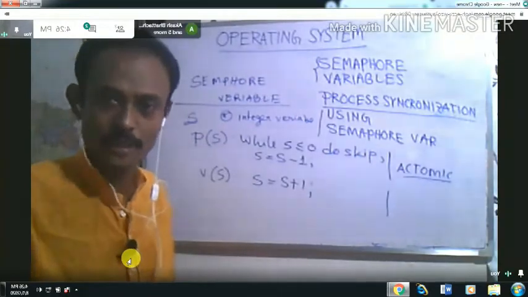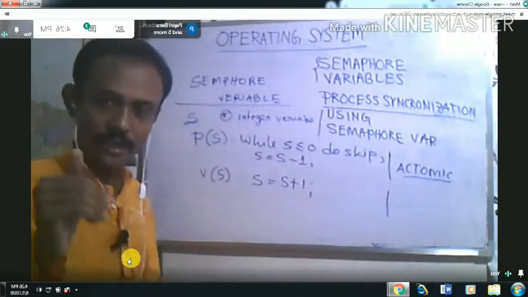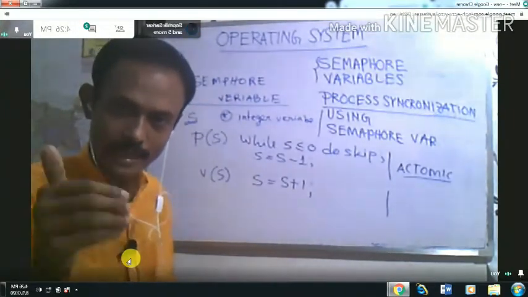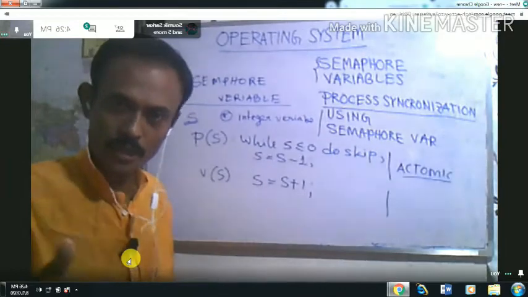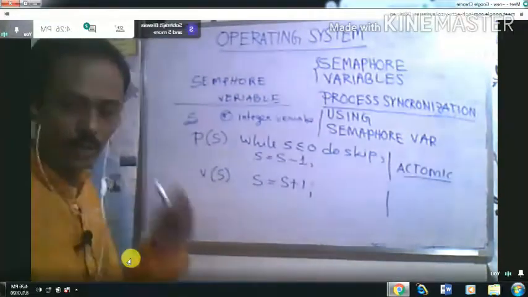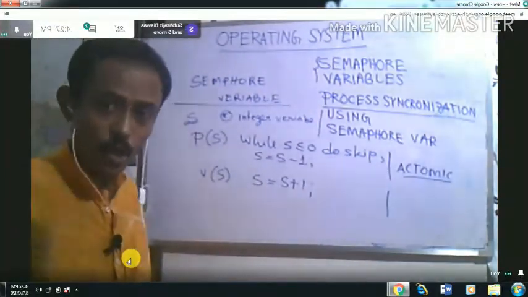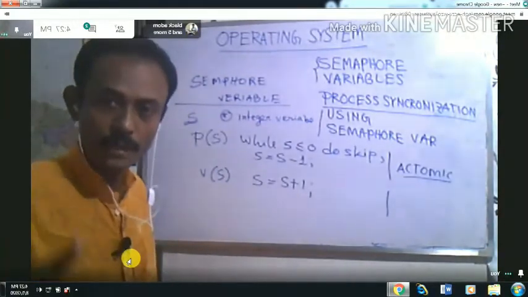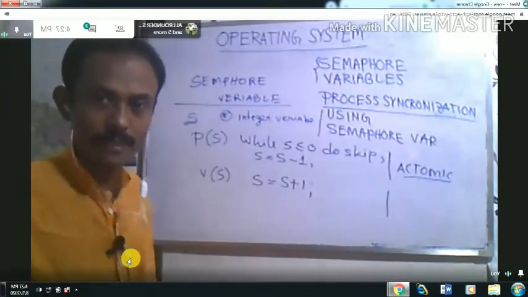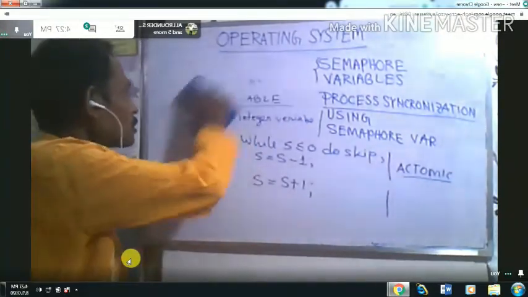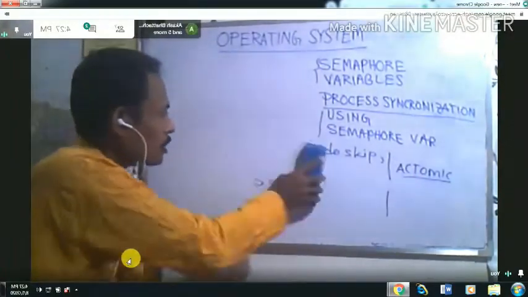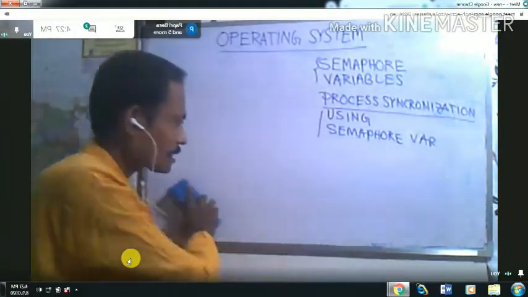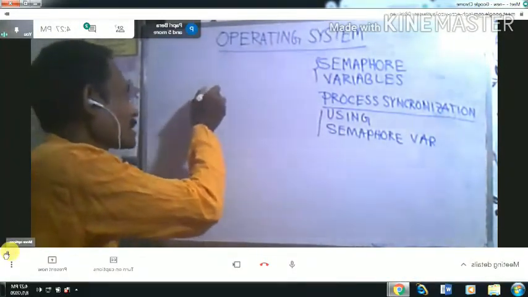Our context is that we are discussing the concurrent execution of processes, concurrent processing. For the last few classes we have been discussing the different issues in concurrent processing. Suppose there is a process P1 and a process P2.